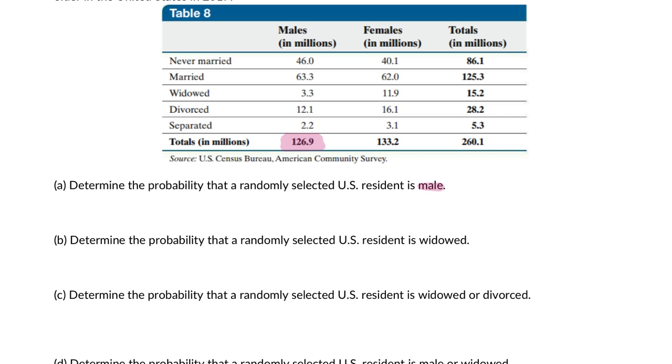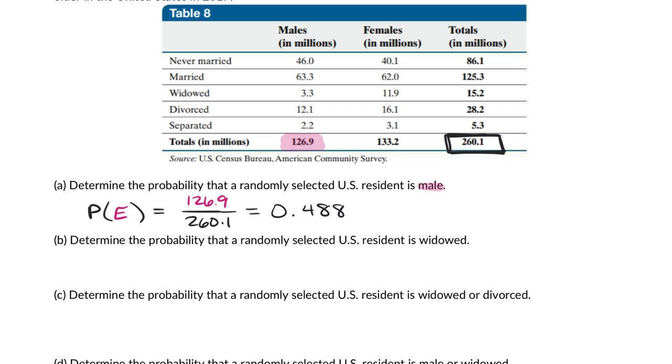The total number of people, male or female, that we've surveyed in this marital status information from the U.S. Census is 260.1. So if we're finding the probability of event E that we randomly select somebody who's male, it will be 126.9 over 260.1. And if you trust me to do that math, it's 0.488. So a 48% chance that we just randomly pluck a dude.